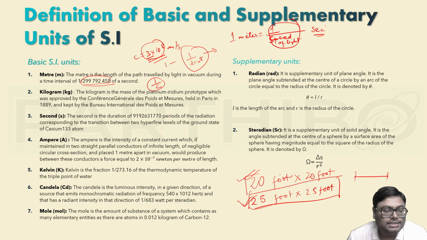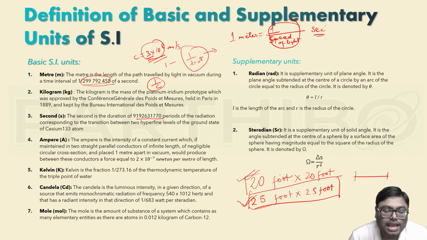Okay, now seconds. The second is the duration of 9192631770 periods of the radiation corresponding to the transition between the two hyperfine levels of the ground state of the cesium 133 atom.